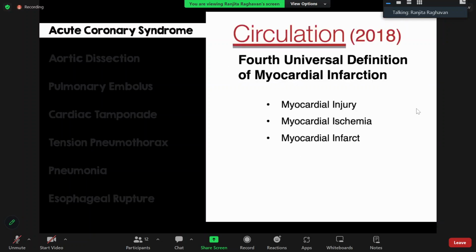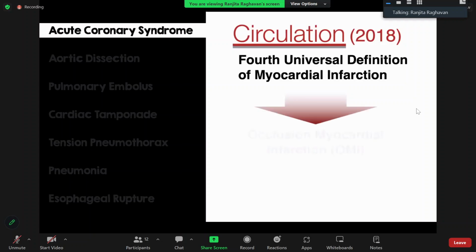We all know this. The thing is that we are somewhat going towards, at least here in the US, the idea of an occlusion myocardial infarction instead of a STEMI versus non-STEMI.